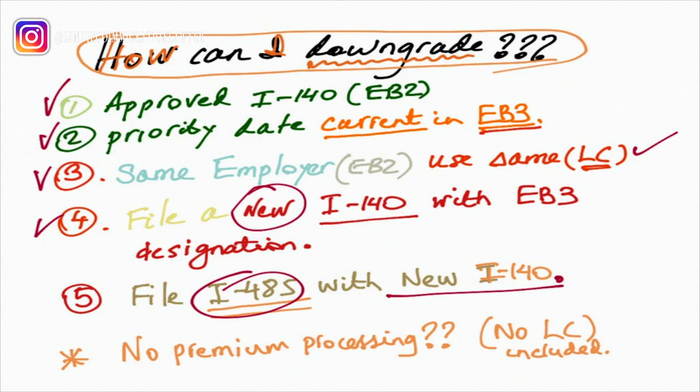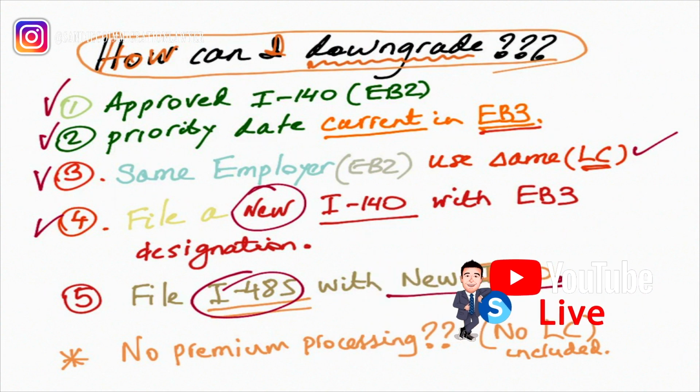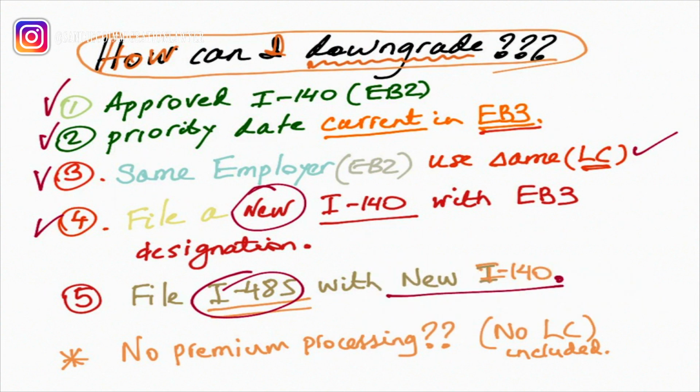The only thing is that there's been a lot of talk about new premium processing fees and expansion. In this case, you won't be able to do premium processing, because when you file for an I-140 originally, they want you to have the original labor certification.